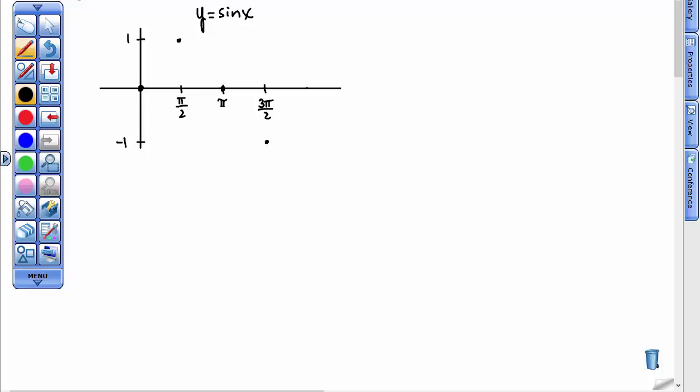And then finally we got back to where this wave repeats again, and at 2 pi radians, or 360 degrees, the sine of that is equal to 0. And then we also found some points in between so that we could see that nice wave that occurs for the graph of the sine of x. Please remember that this goes on in either direction.